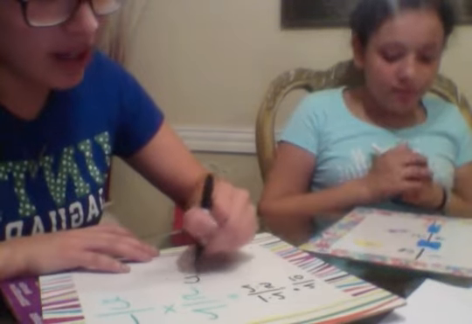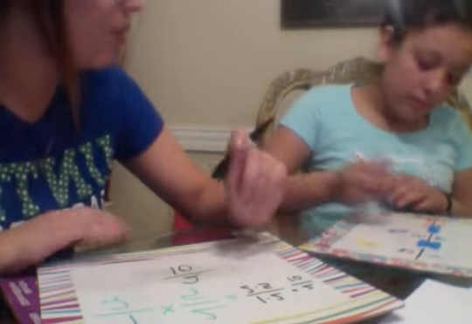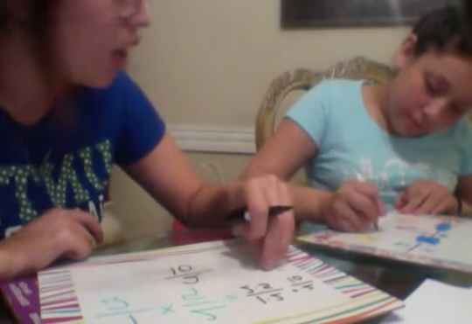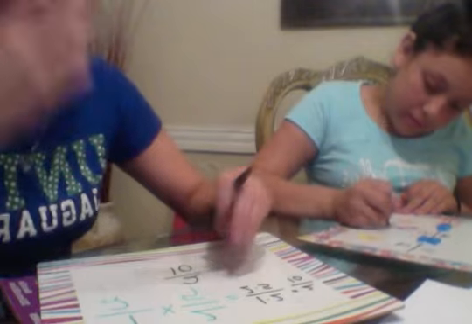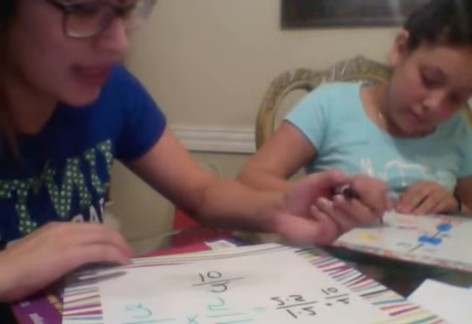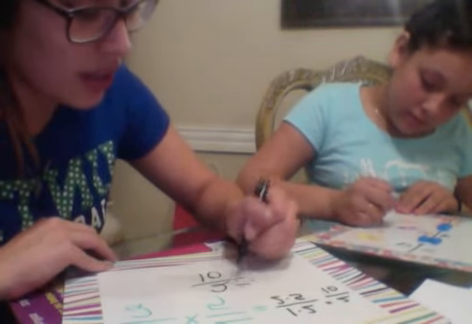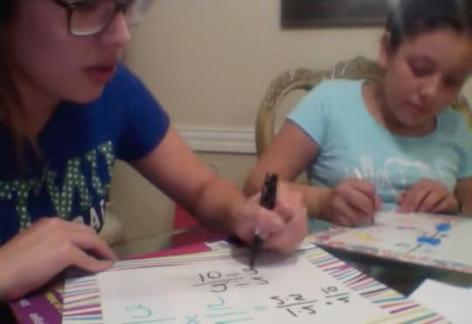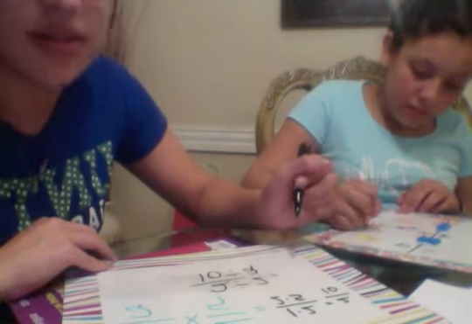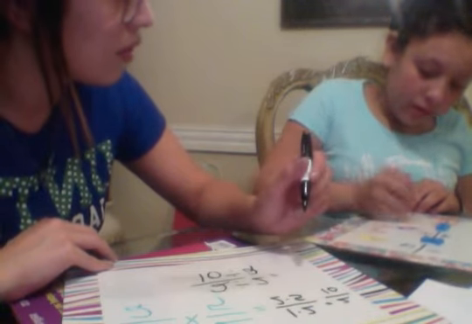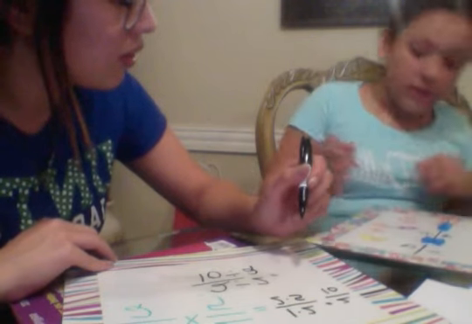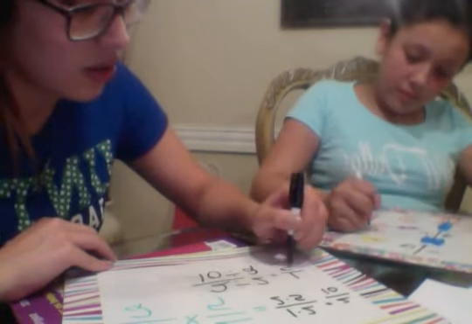So we have our answer, 2 over 10. Can this be reduced? Yes. Reduce means when you make this fraction smaller, but it's still the same fraction, it's still equivalent. Equivalent means equal. So we can divide this fraction by what? 2. That'll give us 1/5. So that is our final answer, 1/5 for that one.